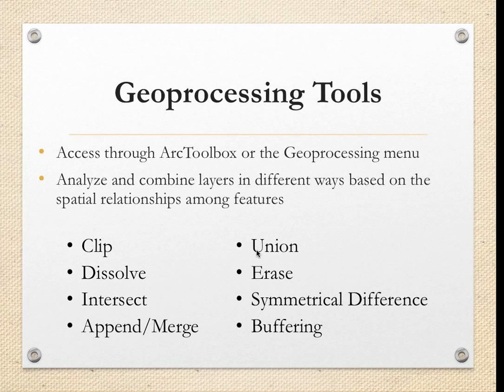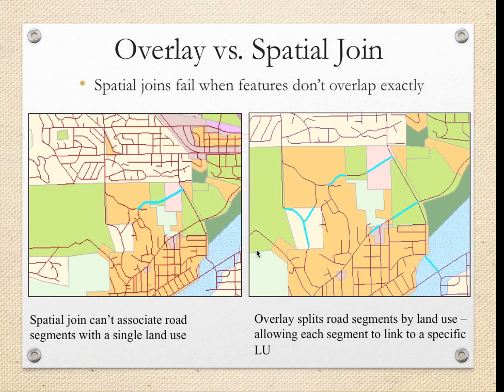So geoprocessing is a major function in ArcGIS, and it's crucial for performing any kind of spatial analysis, which is a major strength of ArcGIS. So basically today I'll talk about some basic geoprocessing tools. We'll go over overlays and spatial joins, and then some specific tools that can help you with your analysis.